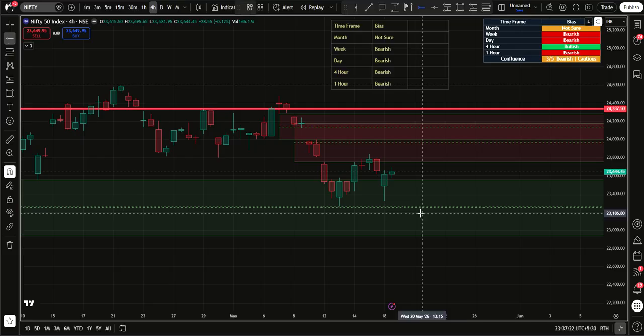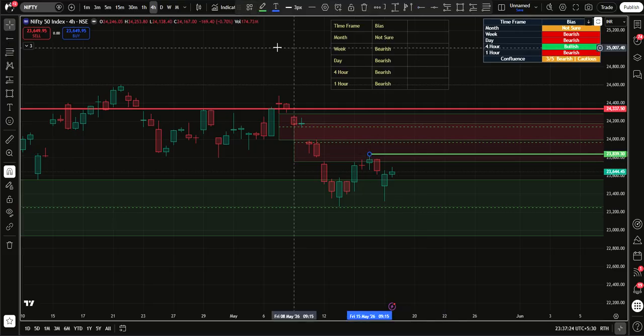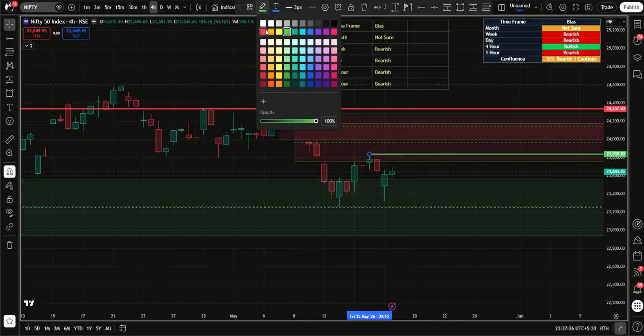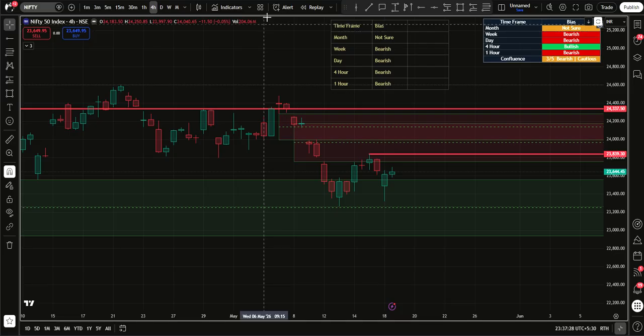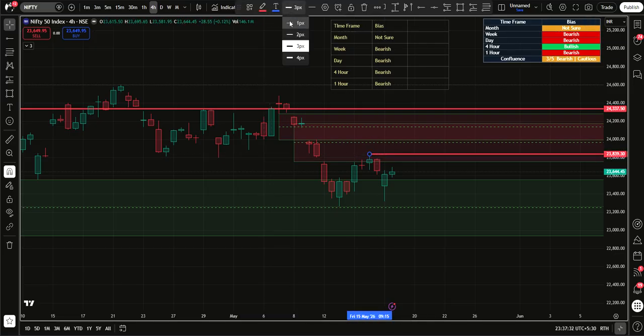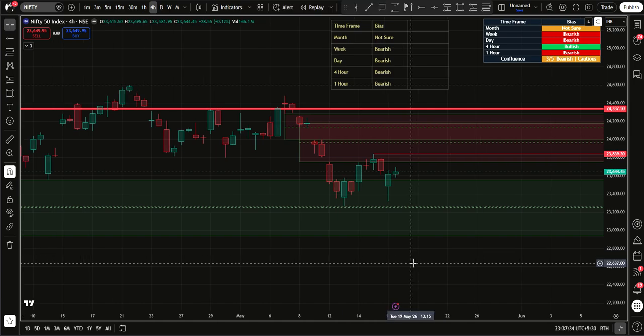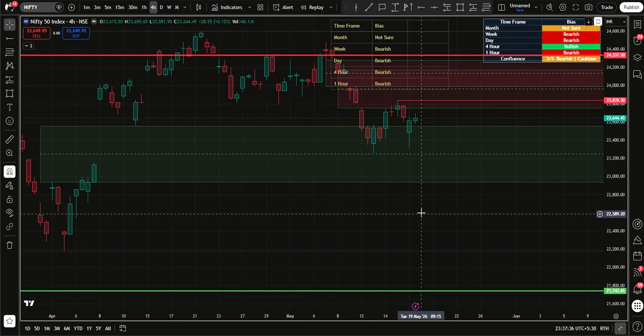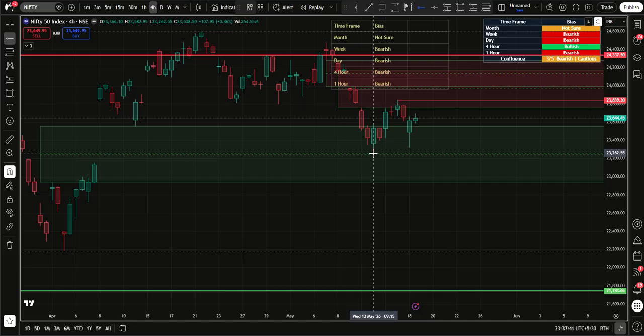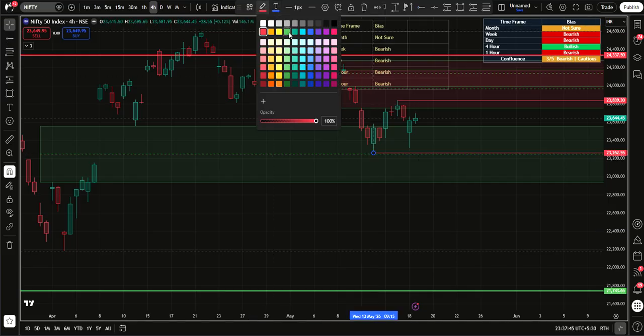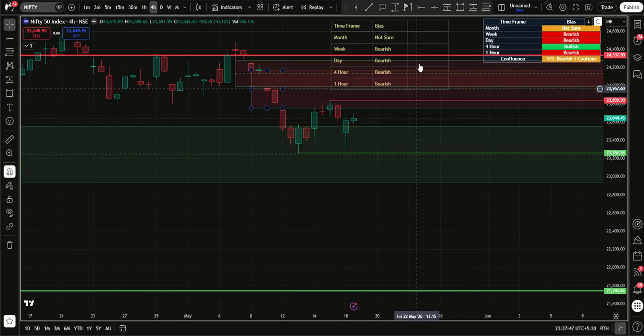So let me just mark that in red and in a thinner line. And if Nifty has to come down, then this is where the buyers are on a 4-hour time frame. That's a tight range there.